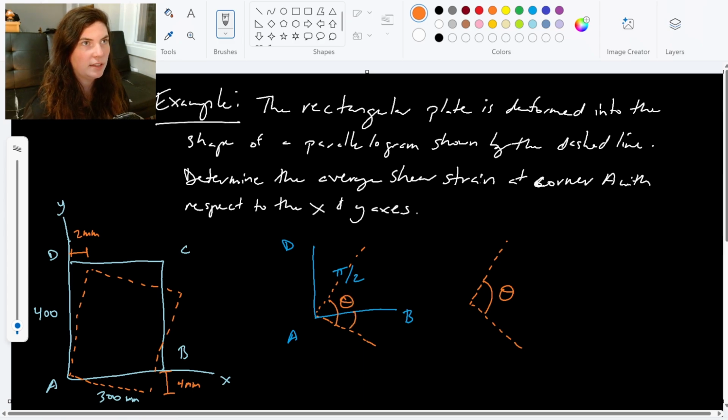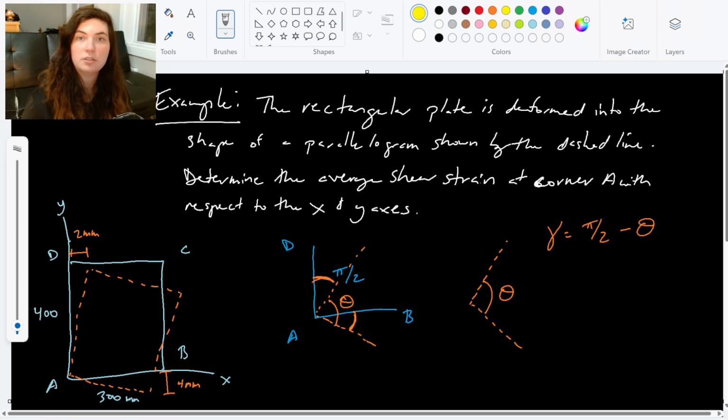So we can find this little angle here and this little angle here and use the knowledge that this is pi over 2 to find out what theta is so that we can use our shear strain equation. Gamma equals pi over 2 minus theta. So we have to find what that theta angle is.